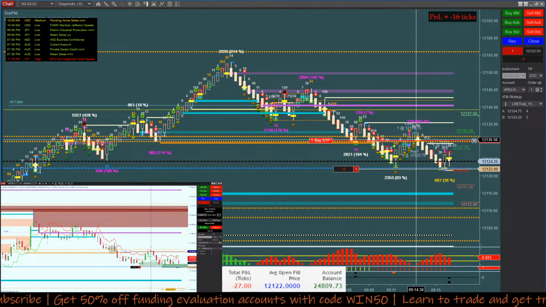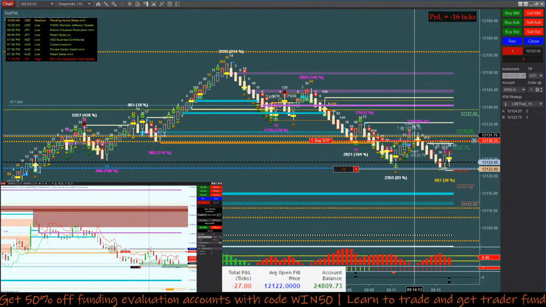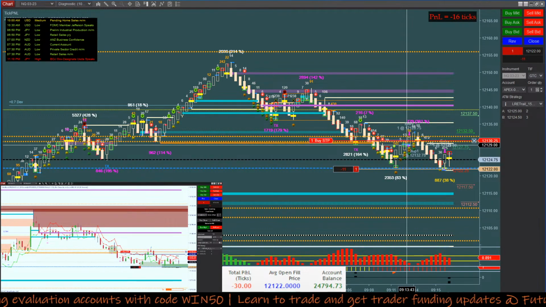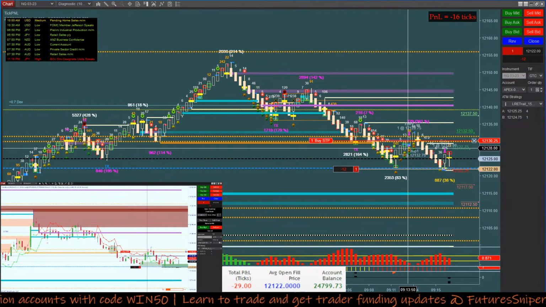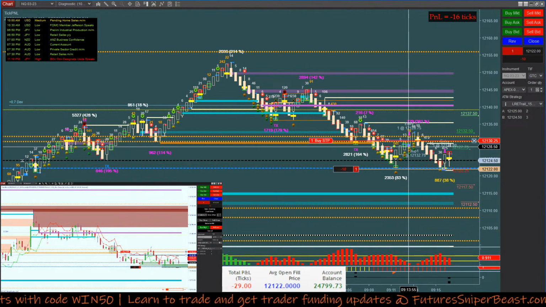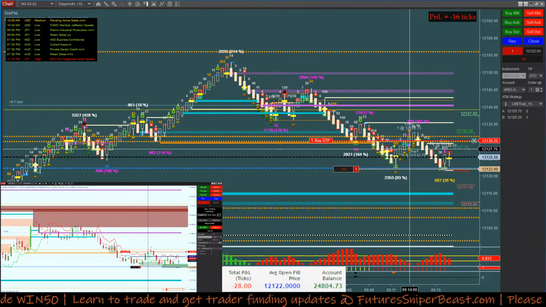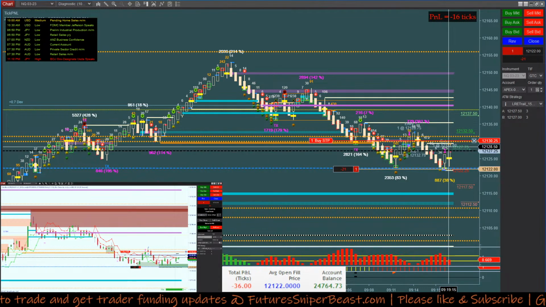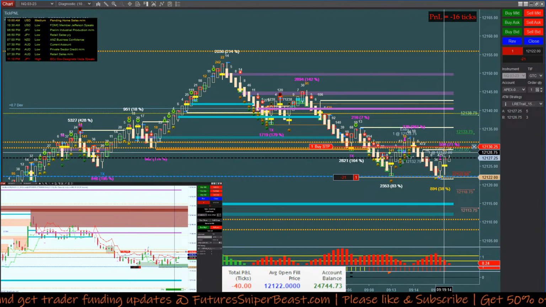But man, I still like that area that it came back and tested with the LRE and then went short off of. The way it came short off of that, I felt like this would continue short, but doesn't look like it will.